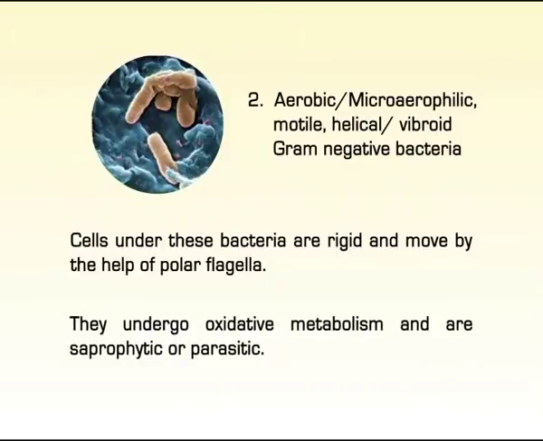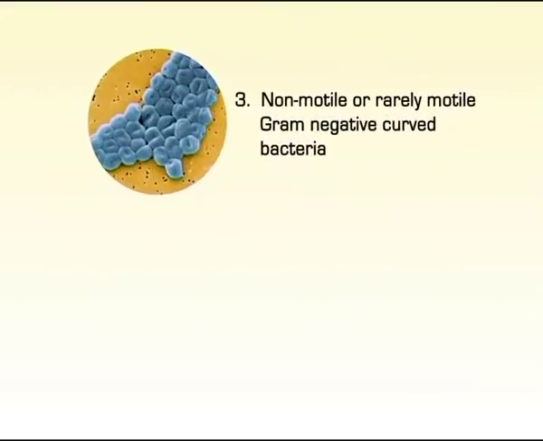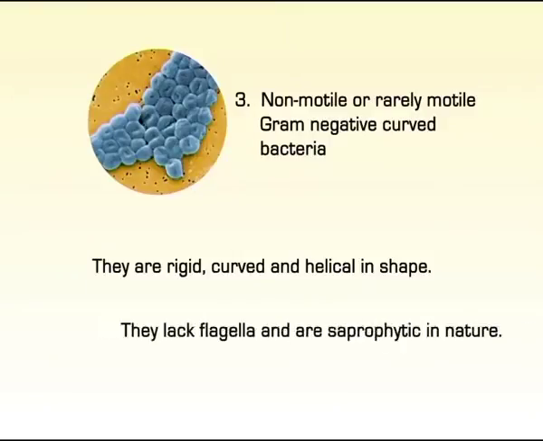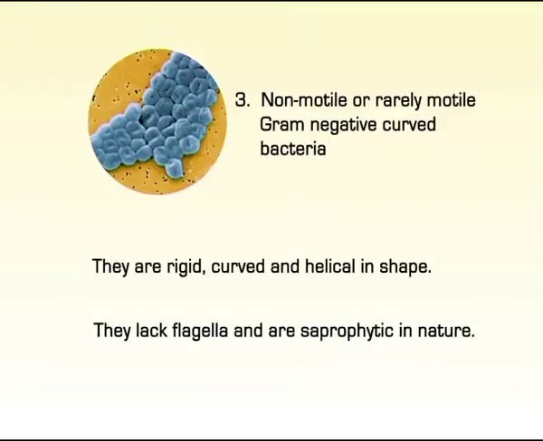And they undergo oxidative metabolism and are saprophytic or parasitic in nature. Next coming is the third one, that is non-motile or rarely motile gram-negative curved bacteria. Under this, the bacteria are rigid, curved and helical in shape. They lack flagella and are saprophytic in nature.